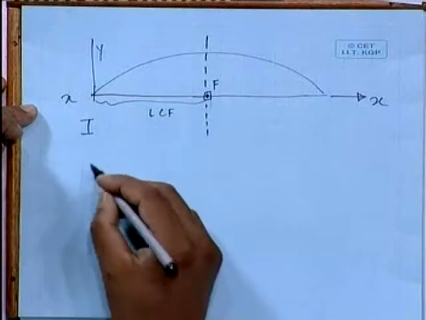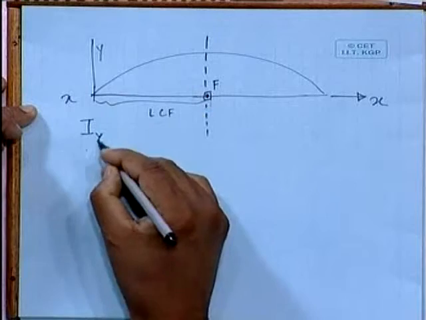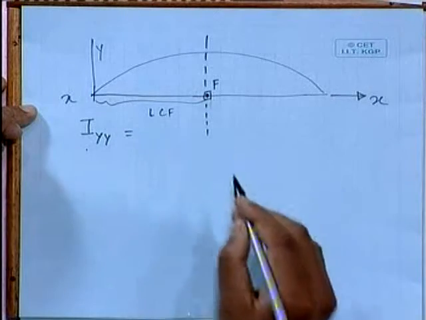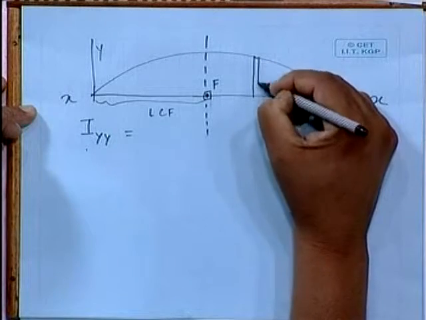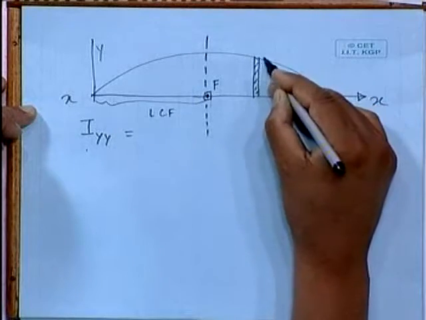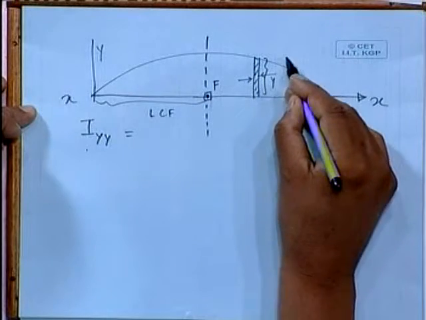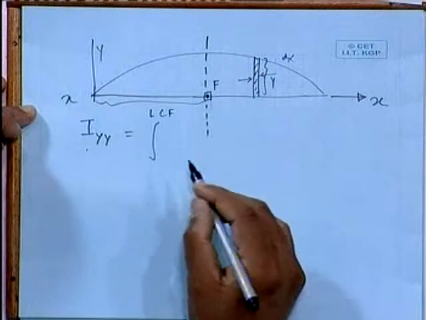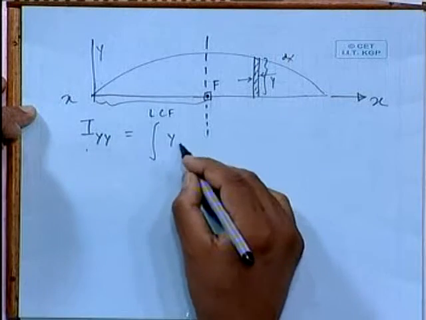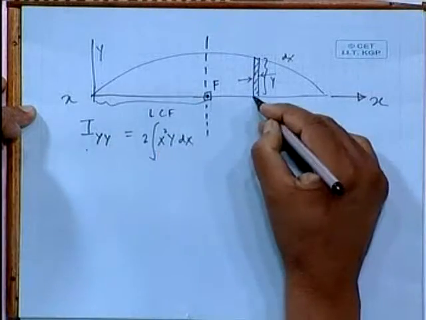What we do is that we will find out I about this y axis first. What is that value? Again, if you take a small chunk here, this is my y, this is my dx, this is my x. So it is integration of y dx into x square into 2 because there is twice that area there.